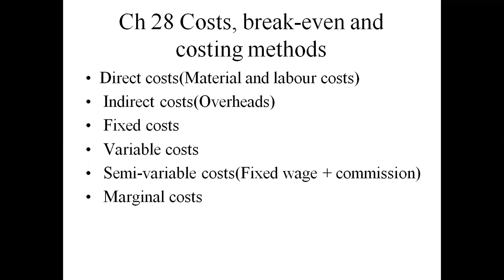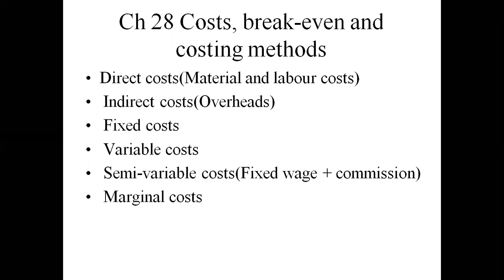Then marginal cost, you need to understand that as well. Marginal means additional. So the cost of producing an additional unit of a product, we call it marginal cost. For example, let's say you manufacture clothes and the cost of making one t-shirt is $20.